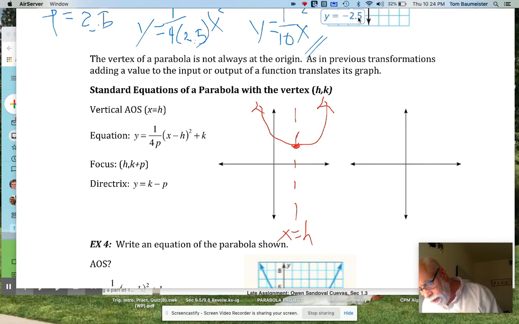And somewhere on this, in between. So the easiest way to think of it is the focus is always going to be inside the parabola. So always think of it that way. Our focus is going to be inside the parabola, on it somewhere.